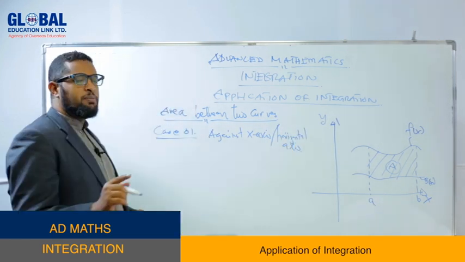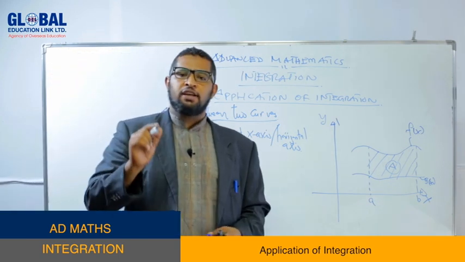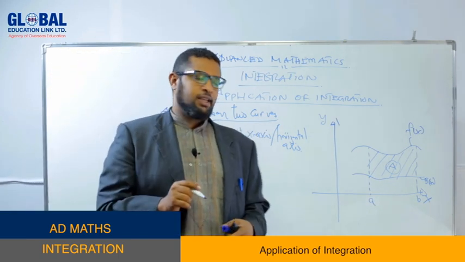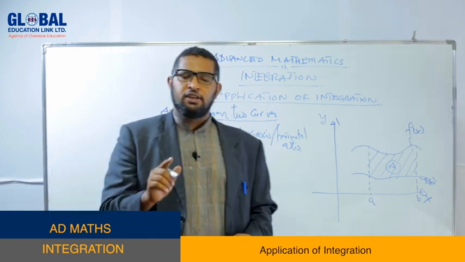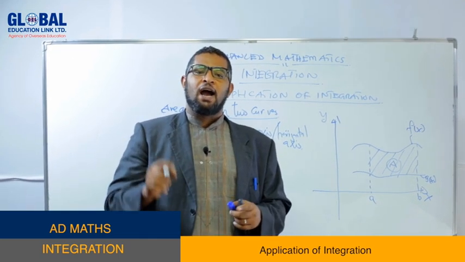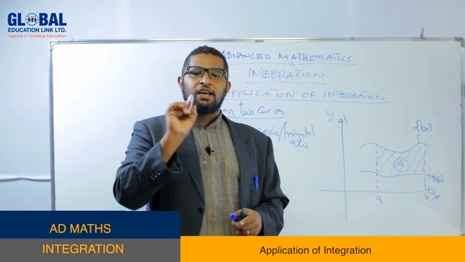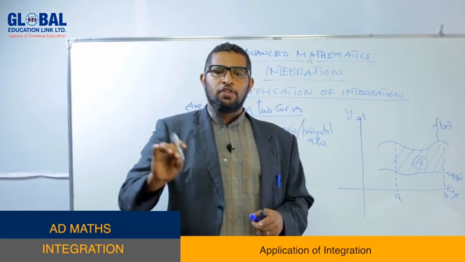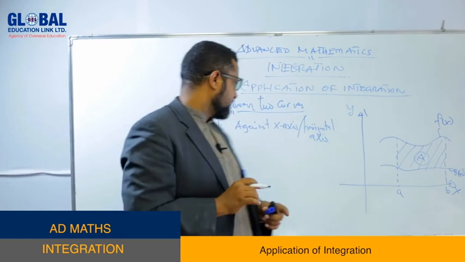It means the given limits are given in terms of x and not y. So if you see the given limits of the integral that you are supposed to evaluate are given in terms of x, then that graph is drawn with the horizontal axis.